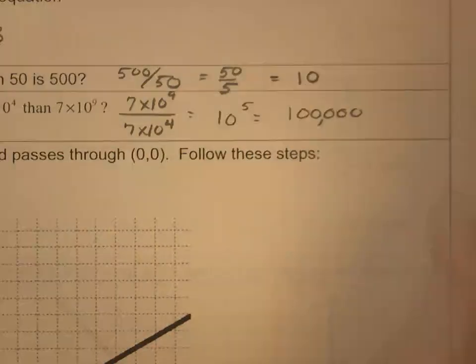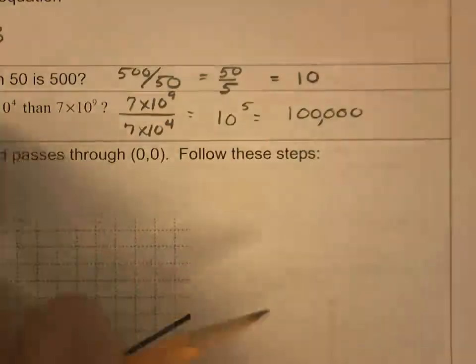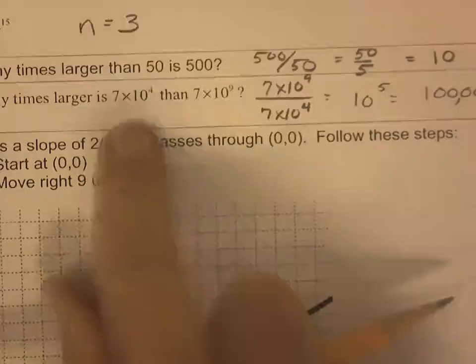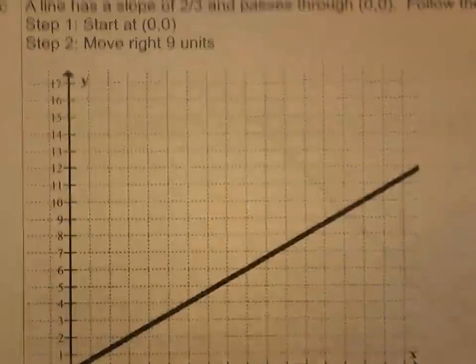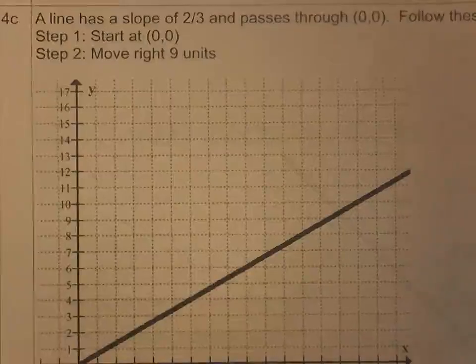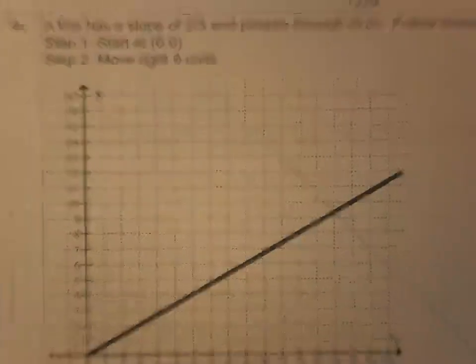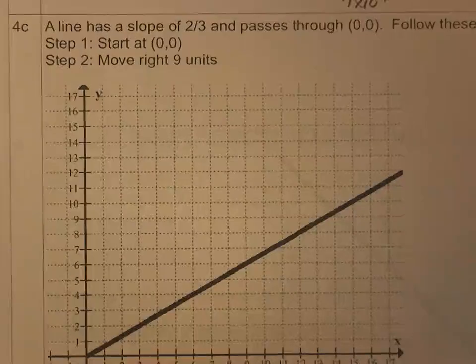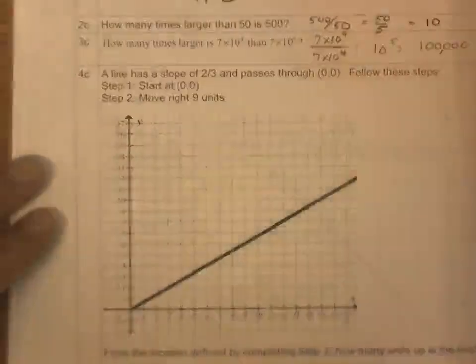That's 100,000. So it is 100,000 times bigger. This guy's 100,000 times bigger than that guy. There we go.